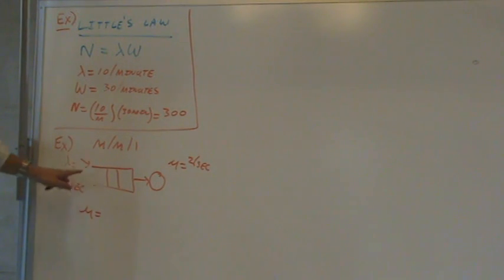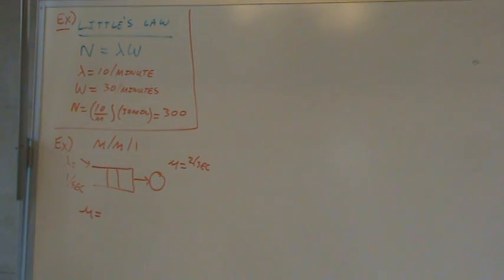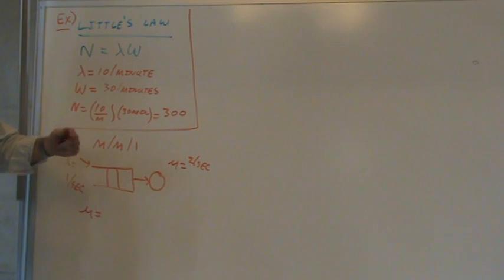What percentage of the time is the device, the serving device, in use? So work is arriving at a rate of one job or one process per second. This thing works at a speed that it can handle 2 jobs per second.